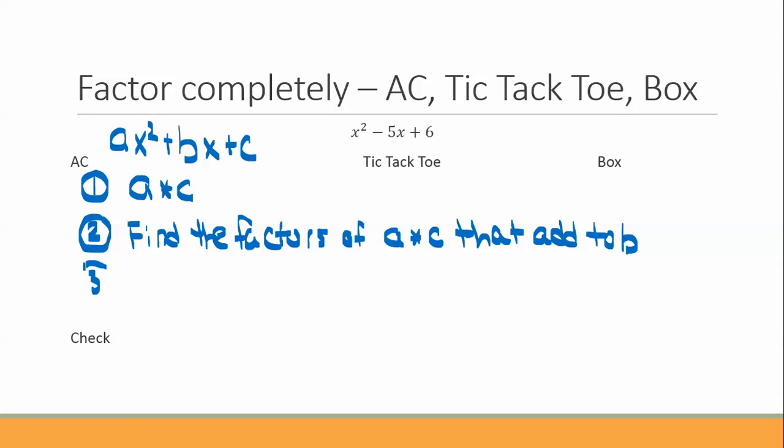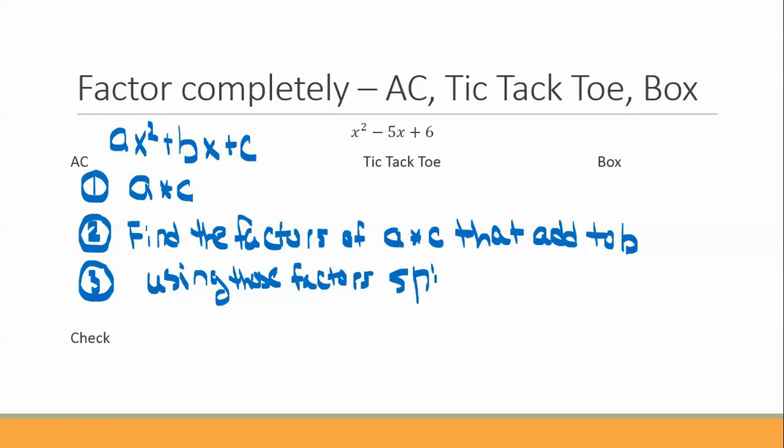The third thing you want to do is then, using those factors, split up the middle term, and then the last thing is now you're going to have 4 terms you can factor by grouping.